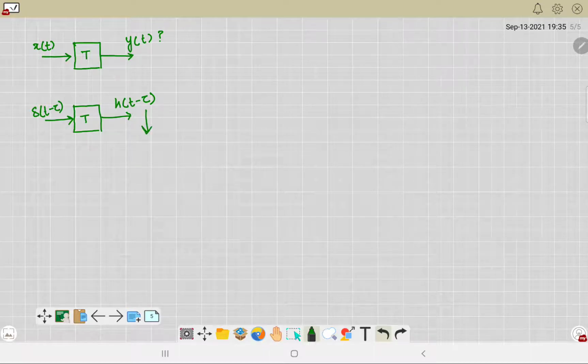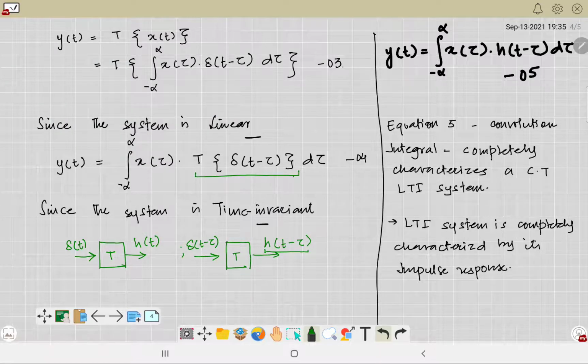Then from this information we can actually calculate y of t. So you don't need to apply this x of t to your system.